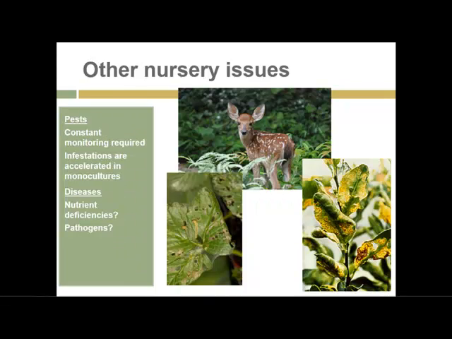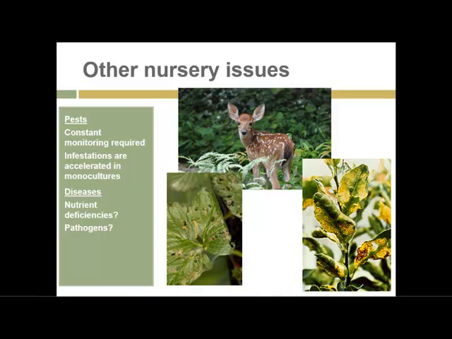Other maintenance and protection issues include pests, and you need to be in constant monitoring mode and watching out for various types of herbivores and infestations of insects and outbreaks of diseases. Any one of these can wipe out your entire production.